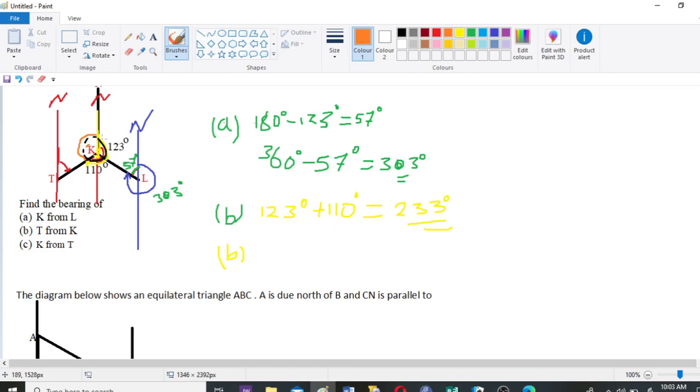Well, we have the total, which is from here up to here, out of 360. So we'll say 360 degrees minus 233. Remember, 233 is the summation of 123 and 110, right?